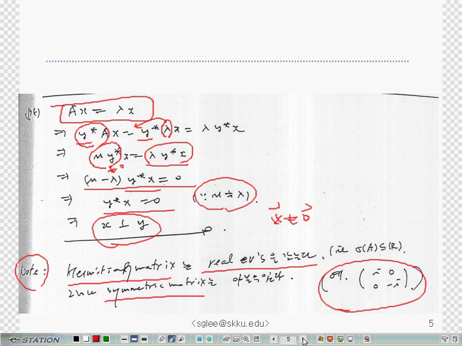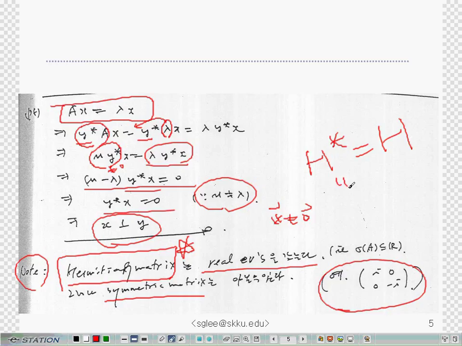So this Hermitian matrix over a complex underlying field is a generalization of the real symmetric matrices that you have learned in the undergraduate linear algebra class. A Hermitian matrix is a matrix equal to its conjugate transpose. This is a generalization of a symmetric matrix.